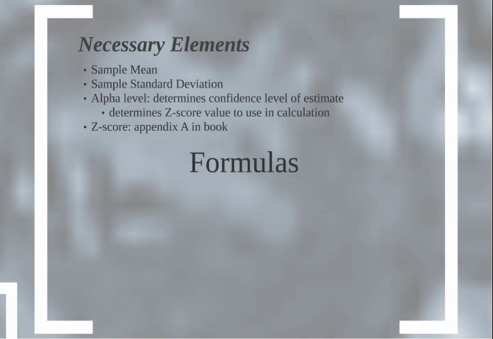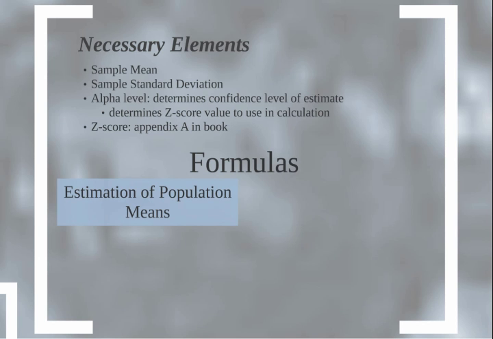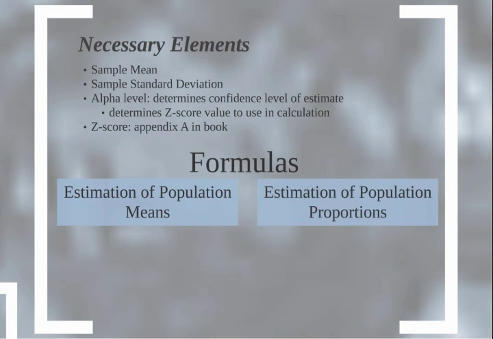So let's take a look at the formulas. Now these are important, so you're going to really want to jot these down or try to remember them. We have our formula for the estimation of population means and for population proportions.